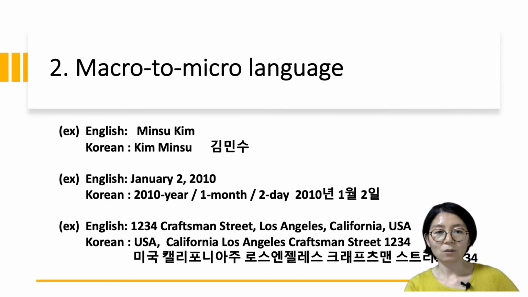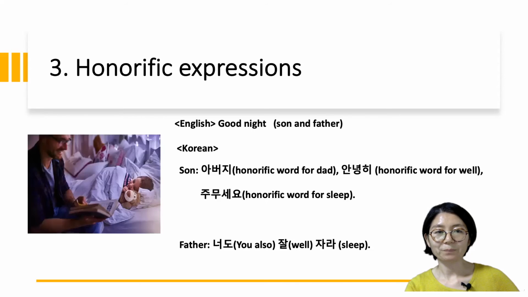And it is also the opposite direction when you read an address as well. In English, you may say the smaller unit first, and then you put USA at the end. And in Korean, though, it is totally the opposite order, as you can see on the screen.